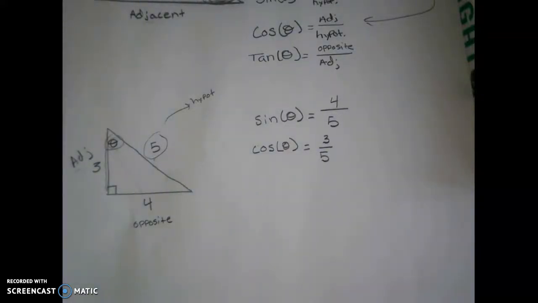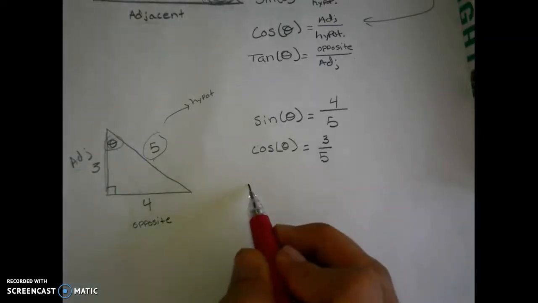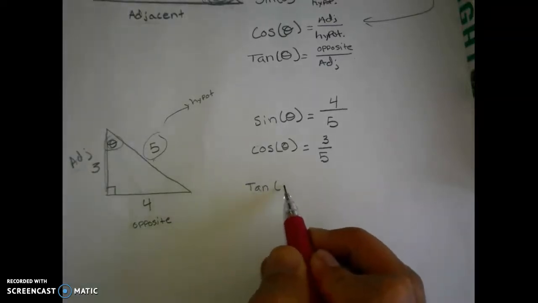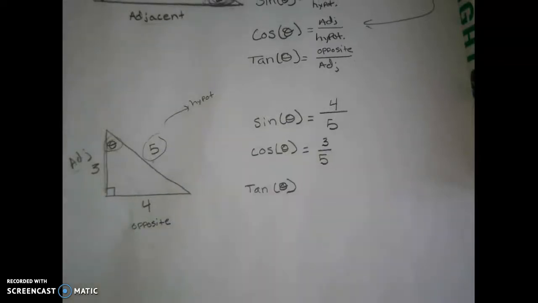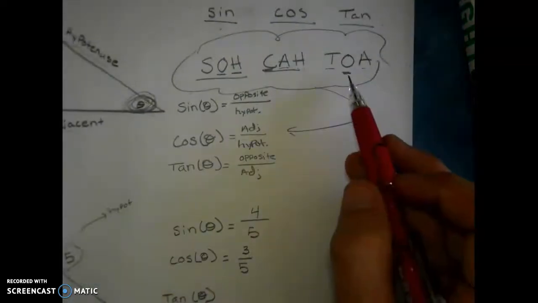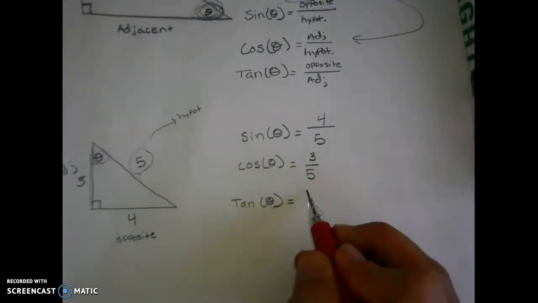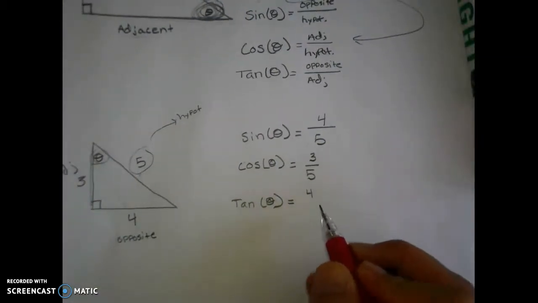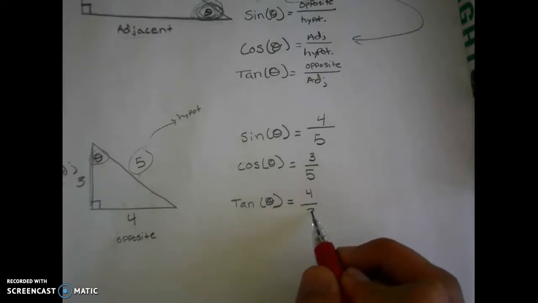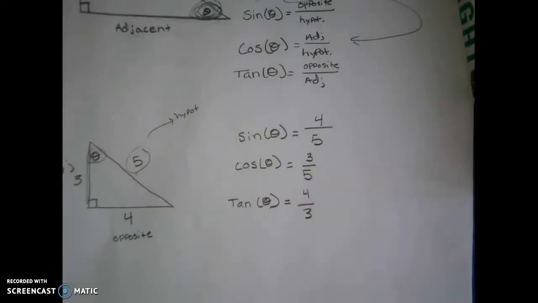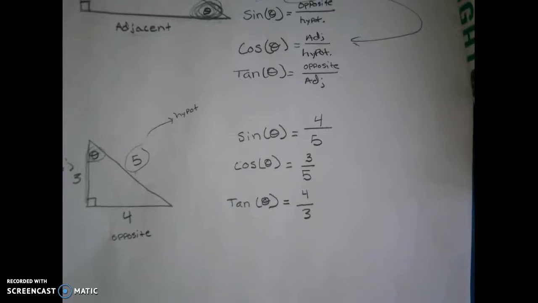So the cosine of theta is equal to 3 over 5. And then the last one is tangent of theta. This is our TOA, so opposite over adjacent. Our opposite is 4. Our adjacent is 3. So the tangent of theta is equal to 4 over 3.